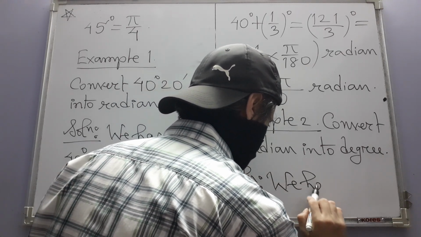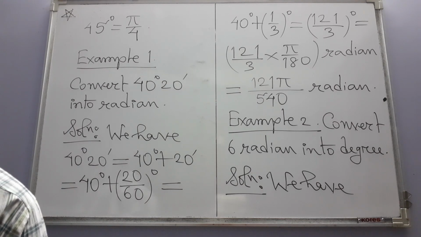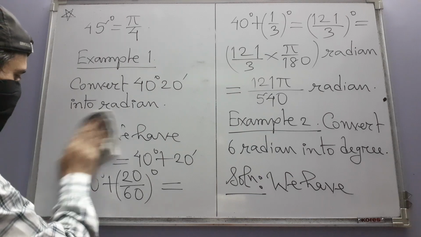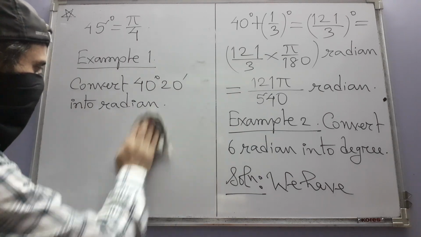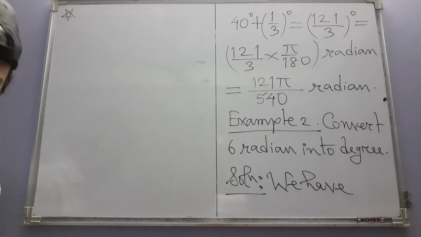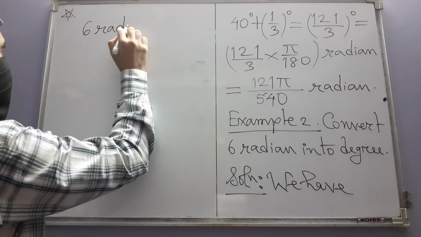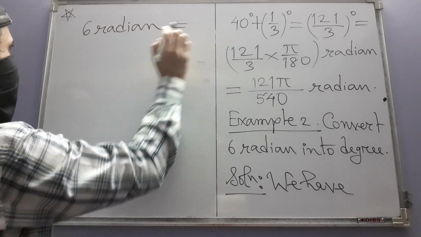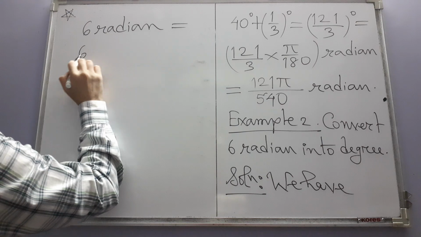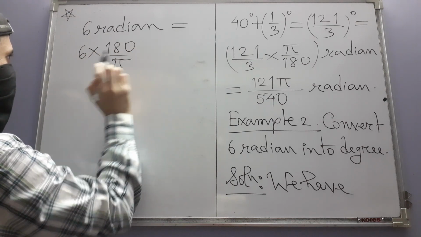We have six radian equals 6 times 180 divided by pi.